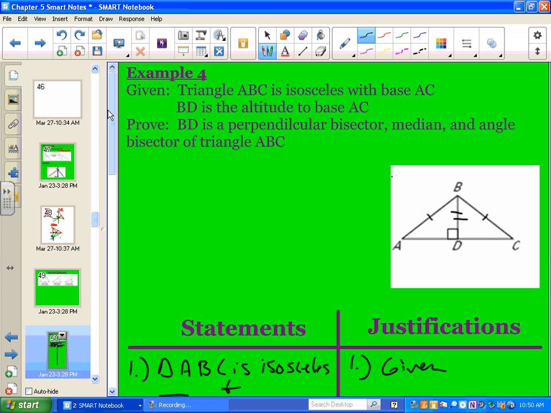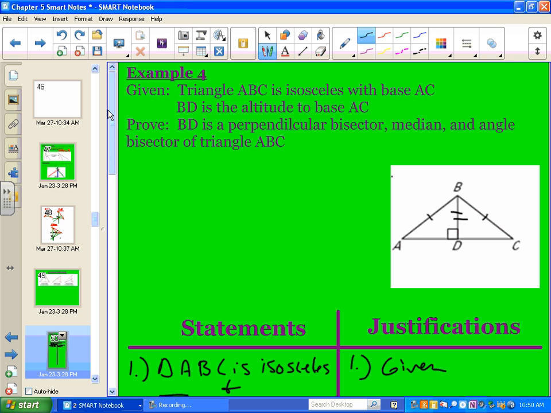We don't have the right angles yet. I know the definition of altitude doesn't talk about right angles.